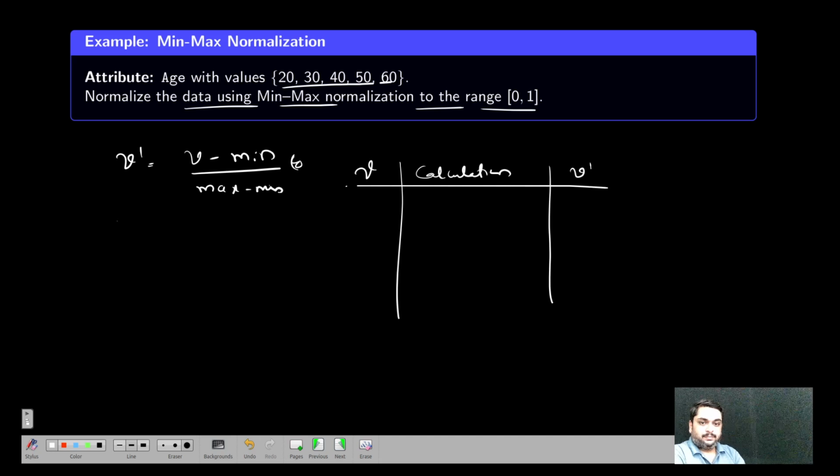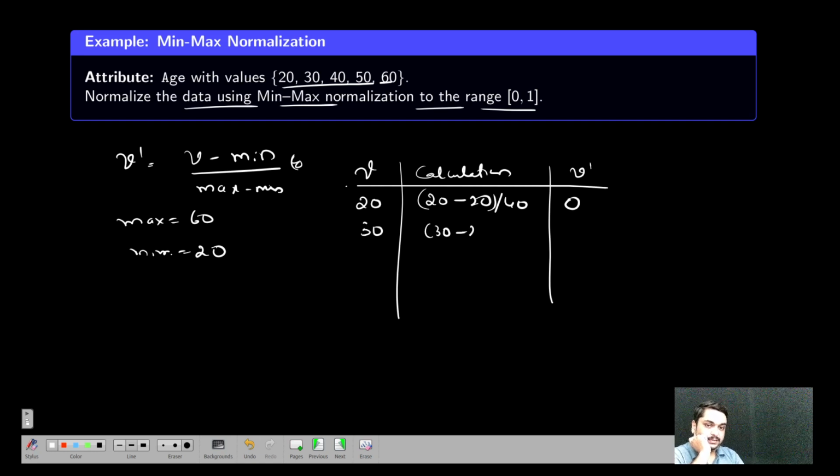So what is the maximum in the given set? Maximum is 60. Minimum is 20. So max minus min gives me 40. The first V is 20. So 20 minus minimum 20 divided by 40 gives me 0. Then 30: 30 minus 20 divided by 40, 10 by 40, 0.25.